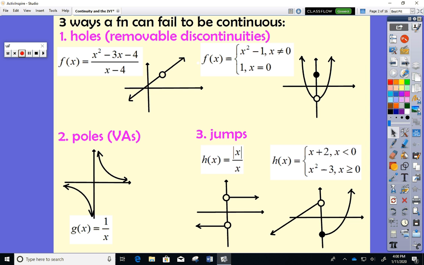So you can see for both of my examples of f of x, I've got a hole in the graph. In the first example, the line has a hole in the graph that's not been filled elsewhere. And then in the second f of x example, the parabola has a hole in the graph that has been filled elsewhere. Regardless of whether you fill the point elsewhere or not, that's a hole in the graph.